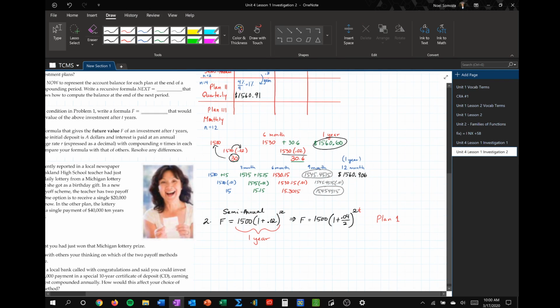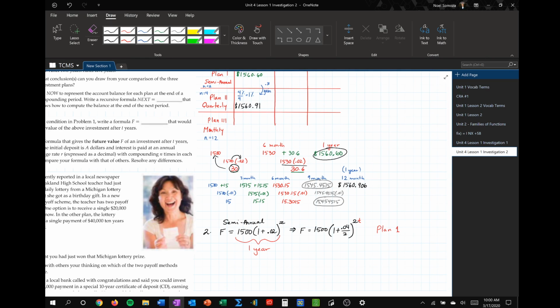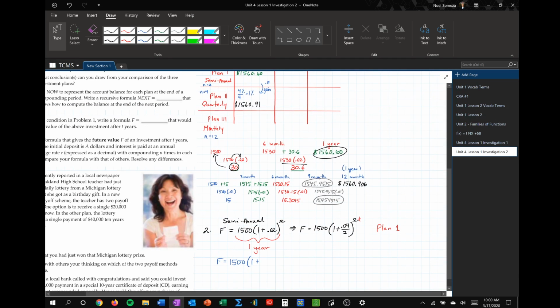Now let's take a look at plan 2. Same idea. F equals, they all started with 1,500, 1 plus, but in this case, what was the percent that we were multiplying by? It was 0.01. And how many times did I have to do it in 1 year? 4 times. So how can I adjust it to account for multiple years?